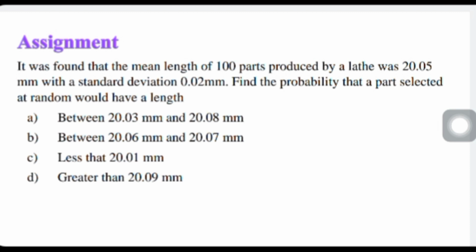Find the probability that a part selected at random would have a length: part A, between 20.03 millimeters and 20.08 millimeters; part B, between 20.06 millimeters and 20.07 millimeters; part C, less than 20.01 millimeters; and the final part asks for greater than 20.9 millimeters. So we are asked to find the probabilities of these lengths. Let's go to the calculation.